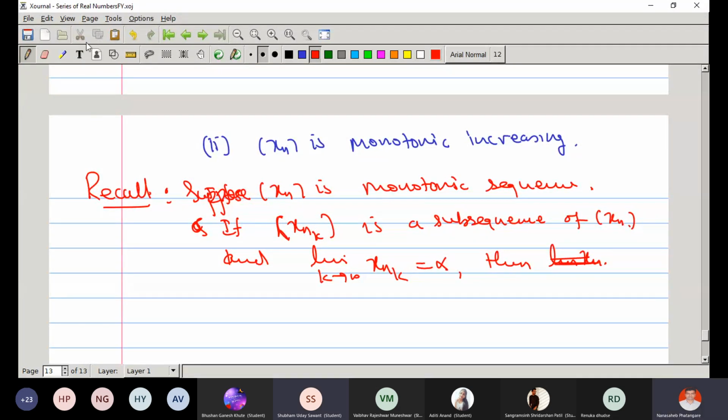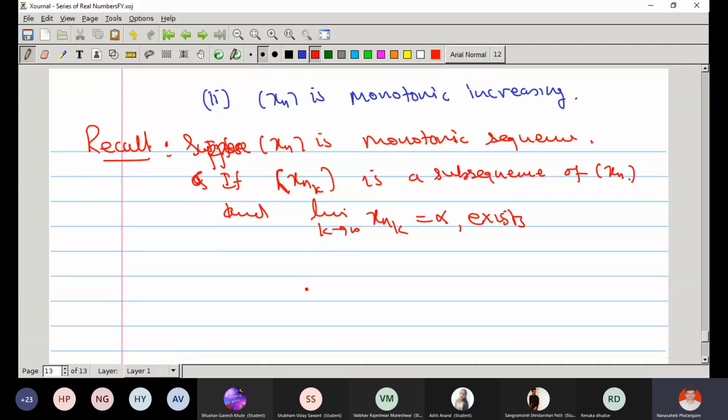Right. Did we prove this result before? Yes, sir. But in general, is this result true? No, sir. Because if the sequence is monotonically increasing and one of the subsequences converges, then the original sequence converges.